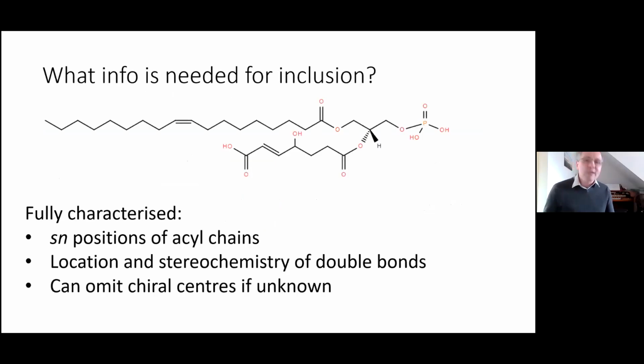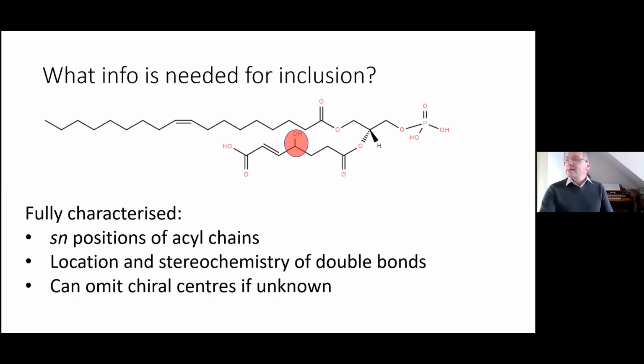What do we need to add something to LMSD? Well, it's a database really of fully characterized lipids. So for a phospholipid, we really need the SN positions of the acyl chains, the location and the stereochemistry of the double bonds.